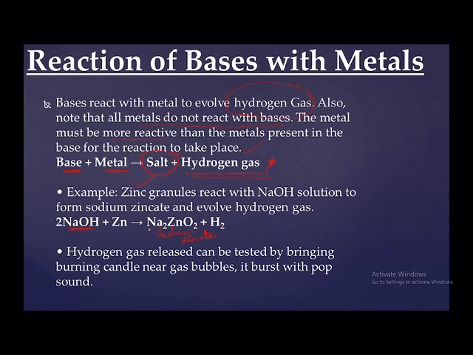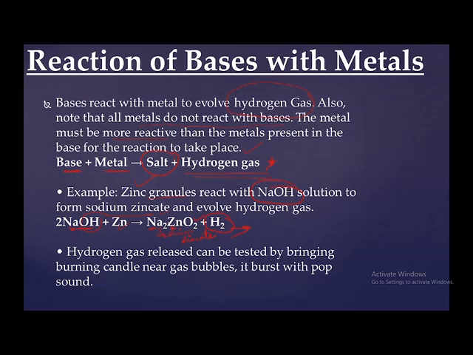As usual, there is also the liberation of hydrogen gas. So whenever zinc granules react with sodium hydroxide solution, it gives out sodium zincate. It is a balanced reaction: there are two sodium, the hydroxide is balanced, zinc is one which is balanced, and there are 2 oxygen and 2 hydrogen.